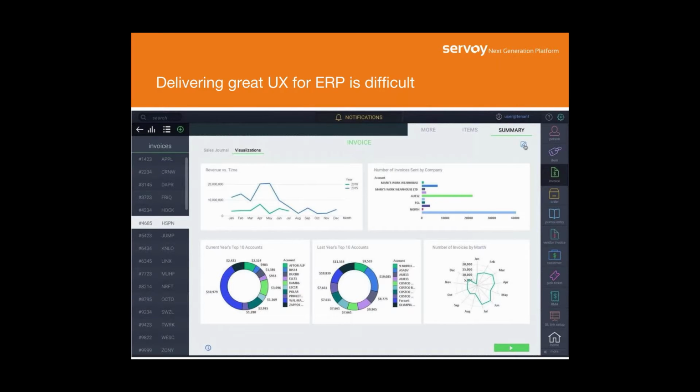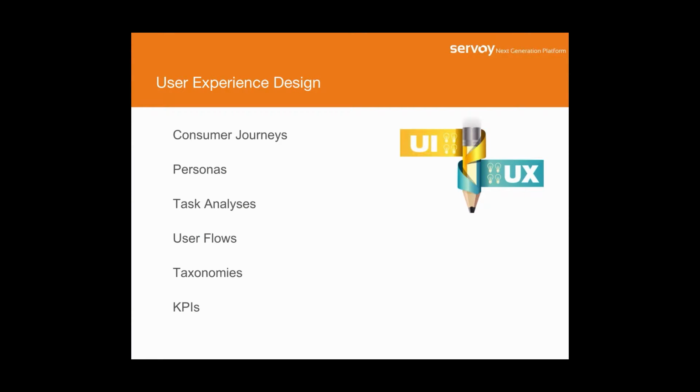And one of their definitions of done that they've included in their sprints is we need existing customers from our old .NET application to be able to use our new browser-based system without any training. That was one of the definitions of done. And every sprint they test if this is working, and if it's not, it goes back to the development and UX team for improvements. And we think that you should be looking at that as well.